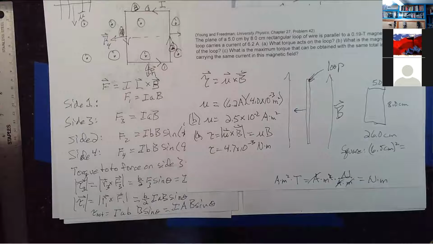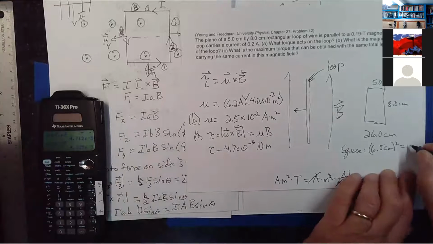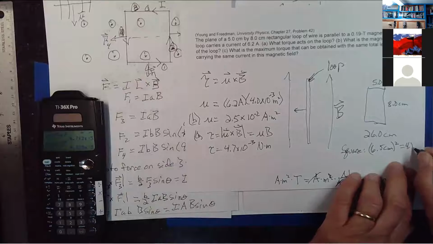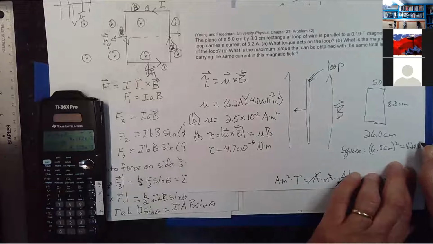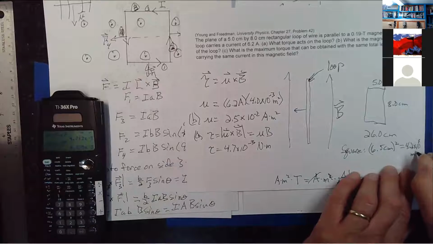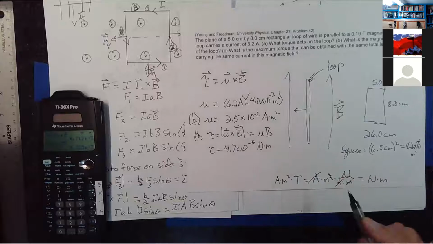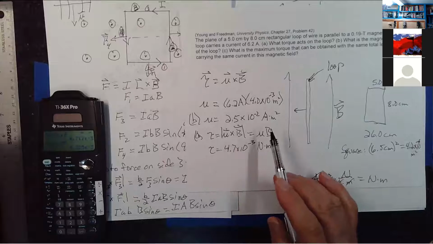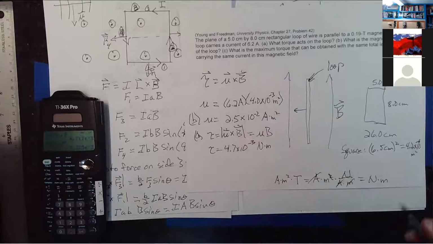Oops, have to remember to stick in the E-2 on that. And I get 4.2 times 10 to the minus third meters squared. What did we have? 4.0 times 10 to the minus third.